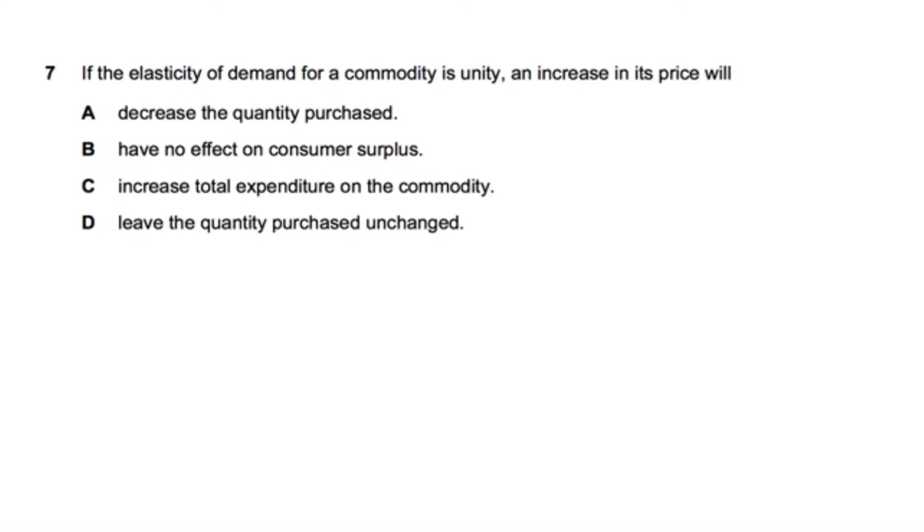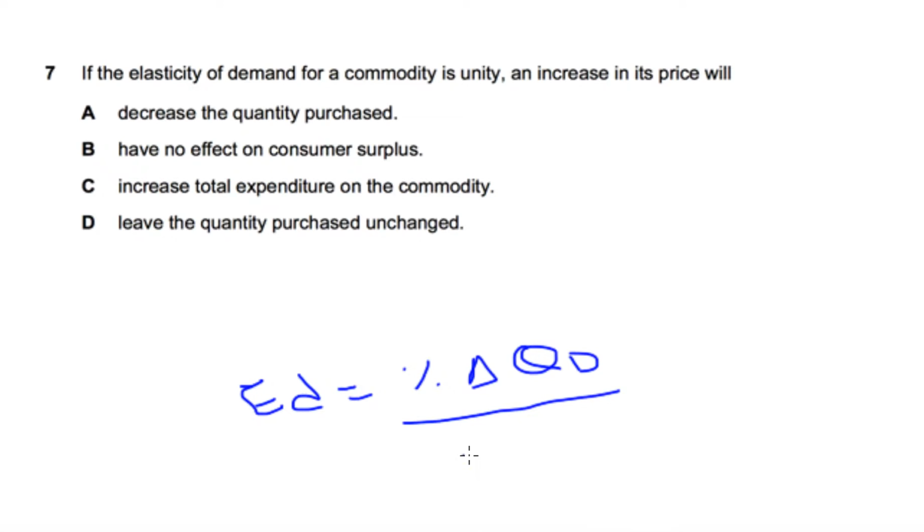So, elasticity of demand being unity means that the percentage change in the price and the percentage change in the quantity demanded is the same, because elasticity or ED equals percentage change in quantity demanded over percentage change in price.